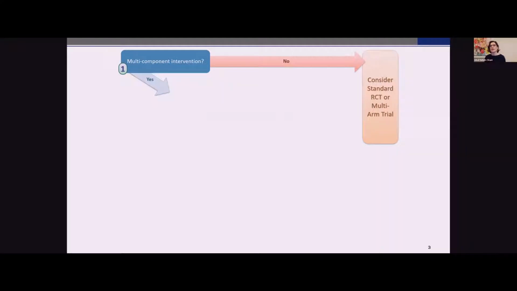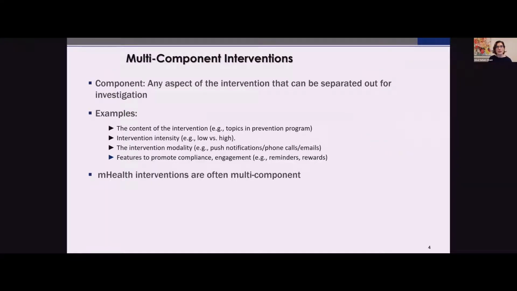So the first question that we need to ask ourselves is, are we interested in developing an intervention that includes multiple components? What do I mean by a component? A component is pretty much any aspect of the intervention that you can separate for investigation.